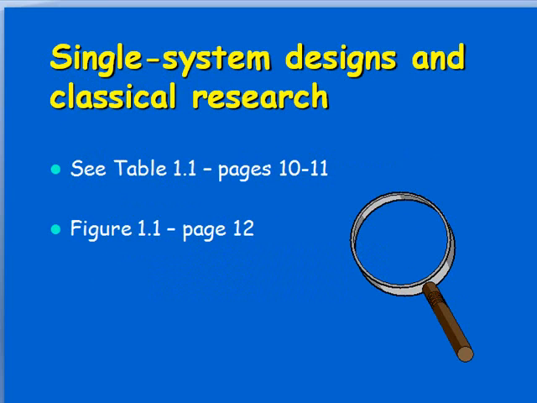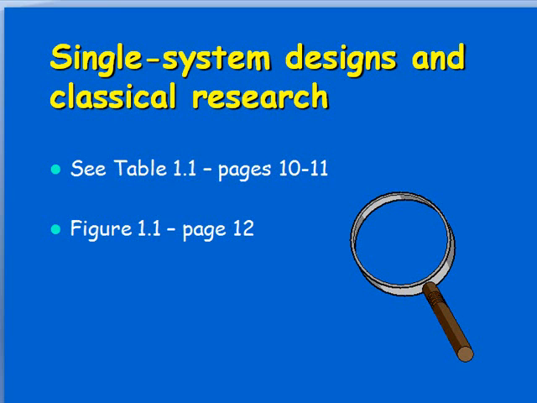And if you're still confused about the difference between single system design and classic research design, and I'd like for you to do this anyway, if you're not confused, just peruse at least pages 10 or 11, table 1.1, and look at the characteristics of research and see how they're different between single system design and experimental design.